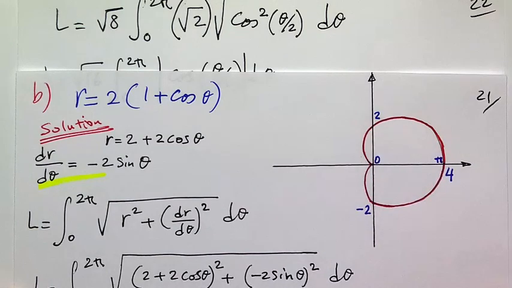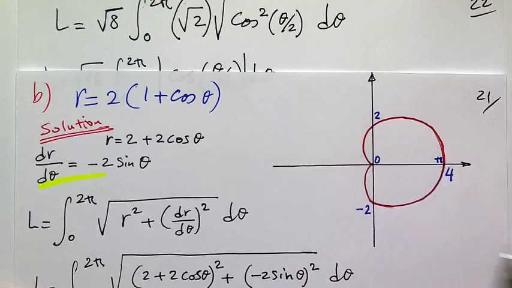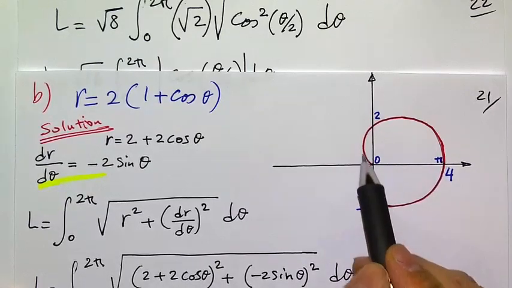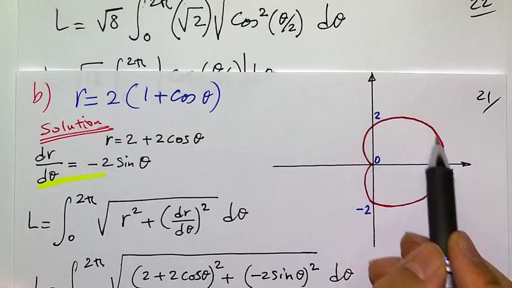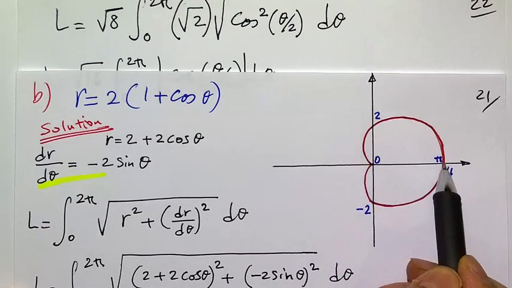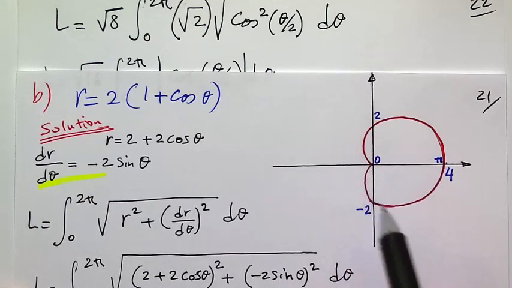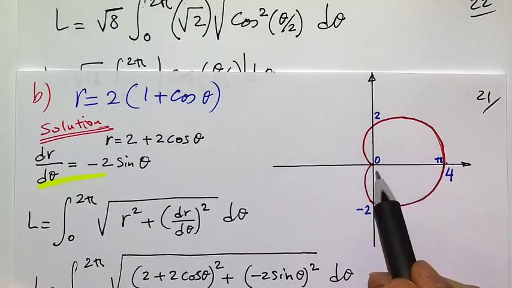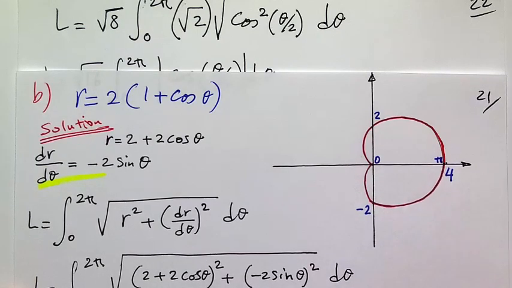But the other thing we can do, because this curve is so symmetrical, we can remove the absolute value, consider the positive values of this curve from 0 to pi, and multiply that integral by 2 to get the other piece, which has negative r values.